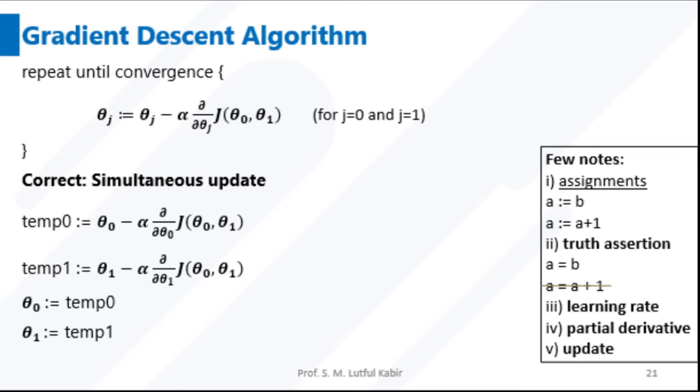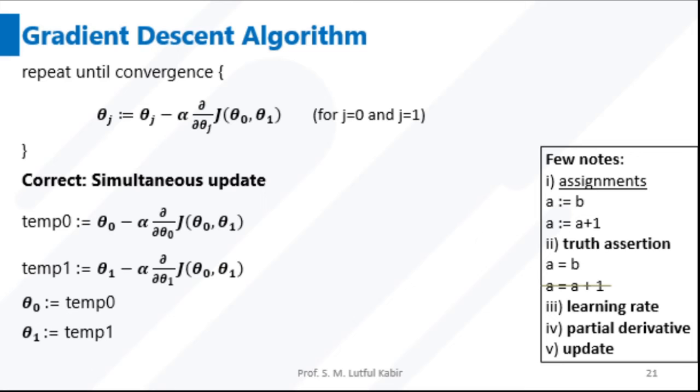And I will come back and say more later about how to set alpha and so on. Finally, the term here, which is the derivative term. I do not want to talk about it right now, but I will derive this derivative term later and tell you exactly what that is.